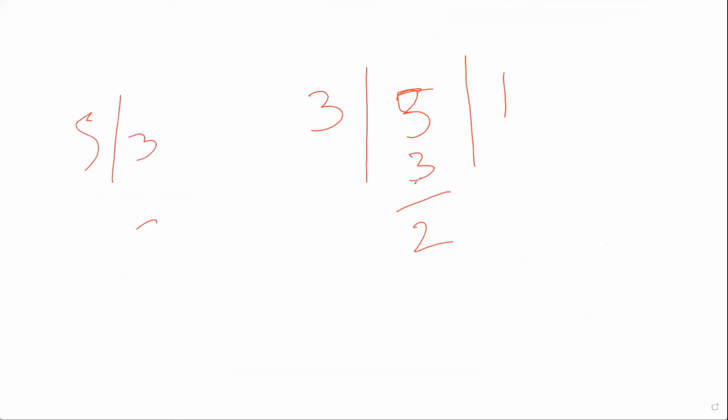For example, you can say 5 modulus 3. Generally, if I say 5 by 3, it will be like this: 3 into 5, 3 ones are 3, remainder 2. Here 1 is the quotient and 2 is the remainder.